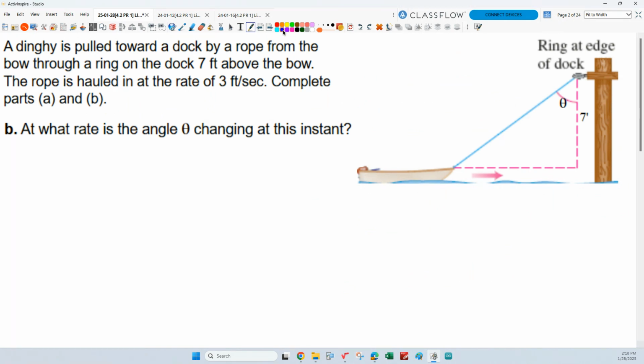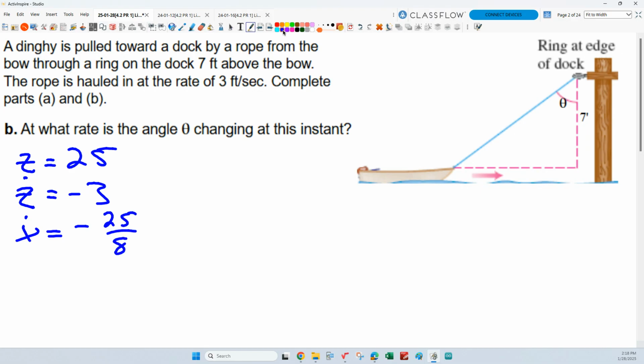We had z equaled 25, z dot was -3, x dot was negative 25 eighths. And what are we trying to find? Theta dot, okay?